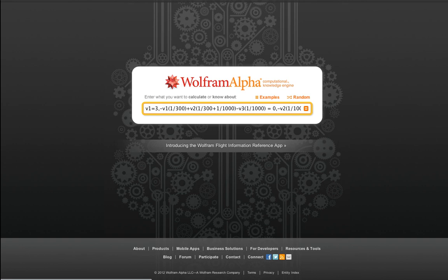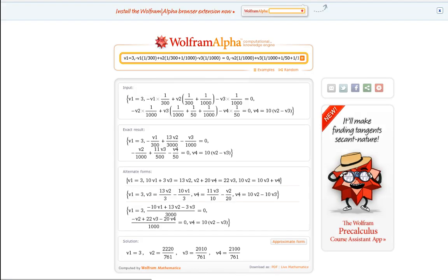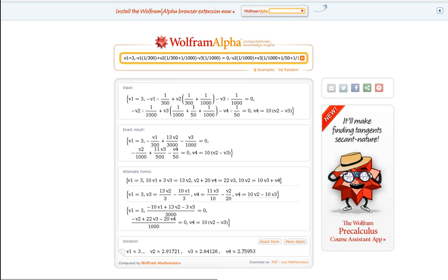And we tell Wolfram Alpha to solve that. And it gives us the following numbers. We have V1 is 3, which is what we would expect, because our source pegs it at 3. V2 is 2.92. V3 is 2.64. And V4 is 2.76.